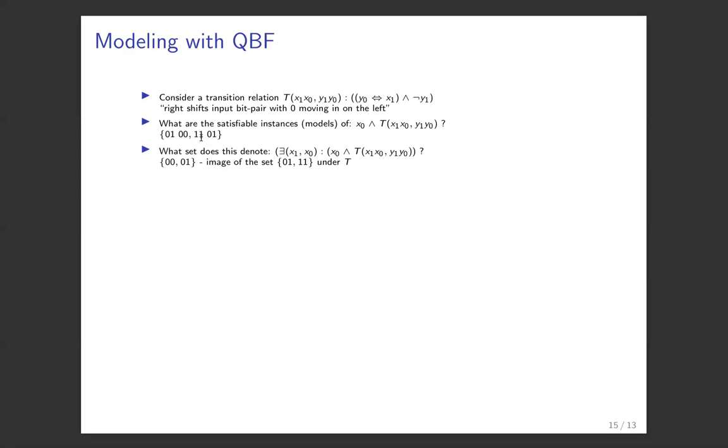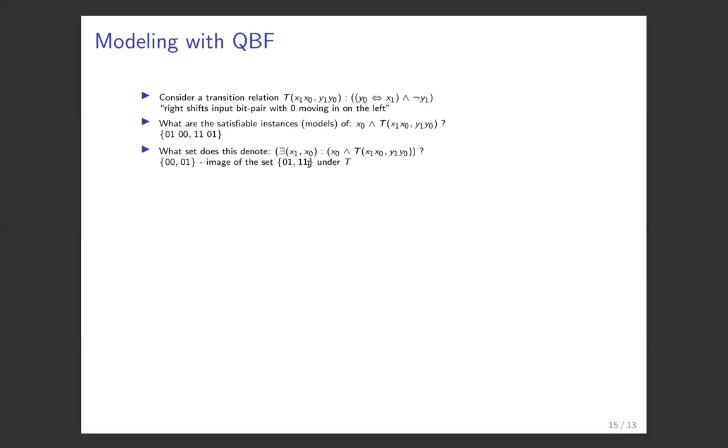It's just that here you have to have x1, x0 also. Because I'm existentially quantifying out the input, it just gives 0, 0 and 0, 1, which are the successor states of these.